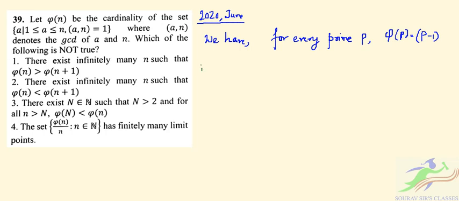So for the first option, let's take the option that there exist infinitely many n such that phi of n is greater than phi of n plus 1.